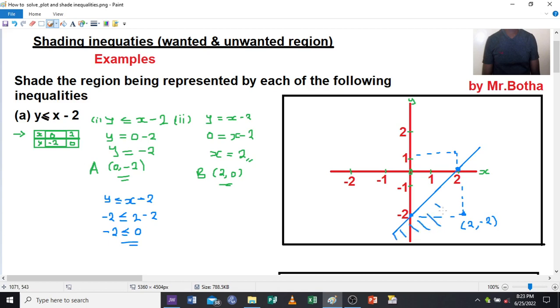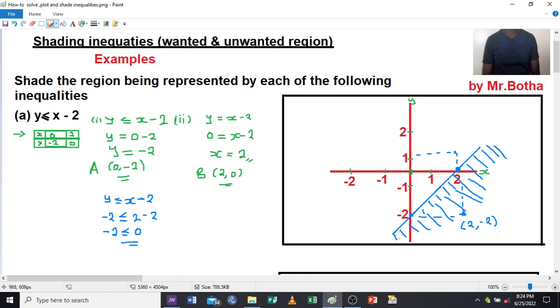So to shade the unwanted region, if you want to shade the unwanted region, okay, just a moment, we can shade that. So starting from this line, and one thing I want you to take note of is the straight line that we drew. It is a thick line showing that our inequality has less or equal.